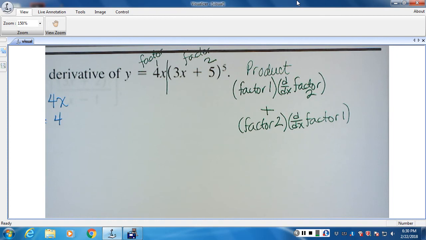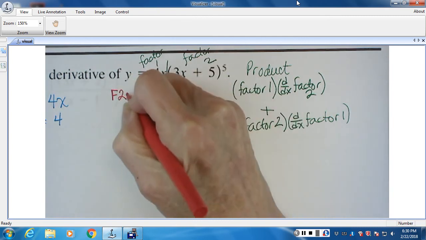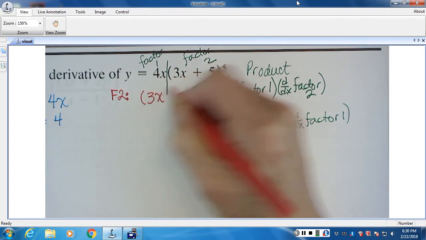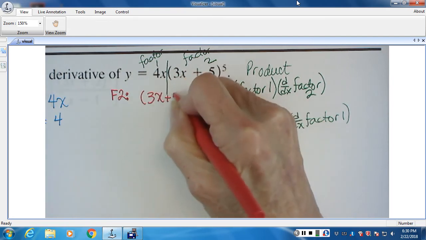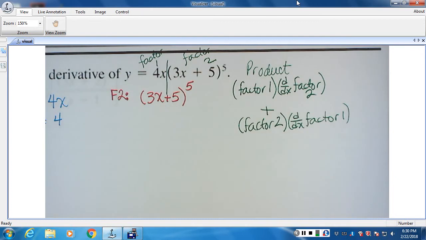Then I'm going to take factor 2. And factor 2 is where I'm going to need the chain rule when it's time to take the derivative. So there's my second factor.